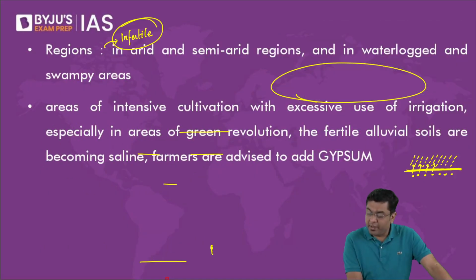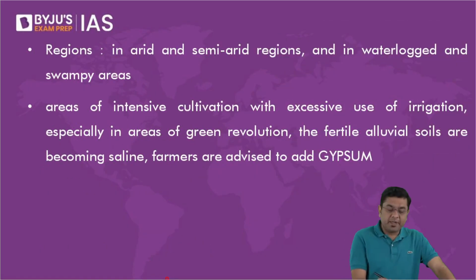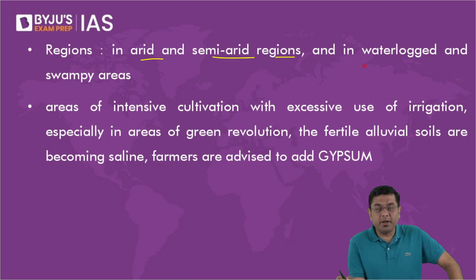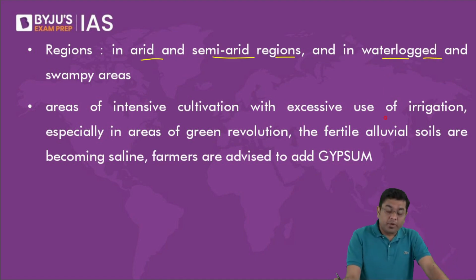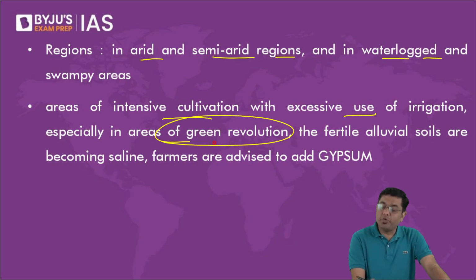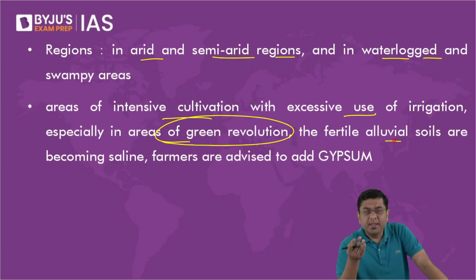It is found in arid and semi-arid regions and in waterlogged and swampy areas as well. Areas of intensive cultivation with excessive over irrigation, particularly in the regions of the green revolution where the fertile alluvial soils are becoming saline.